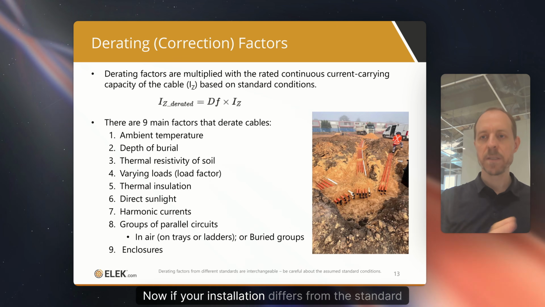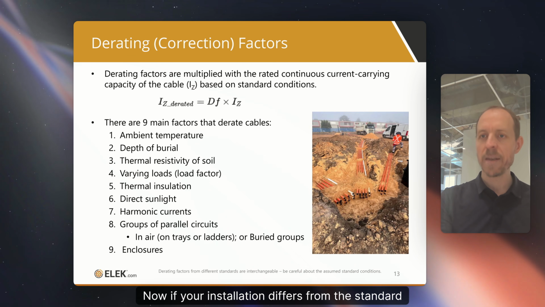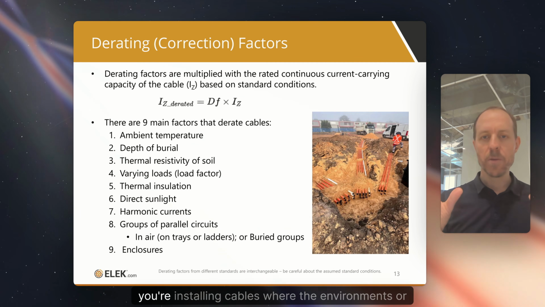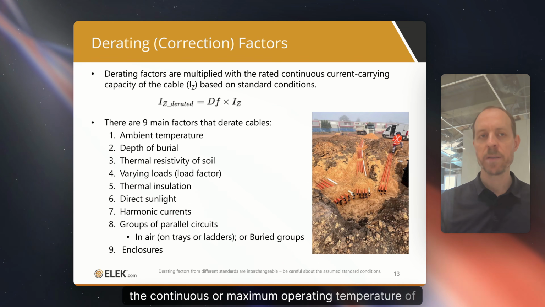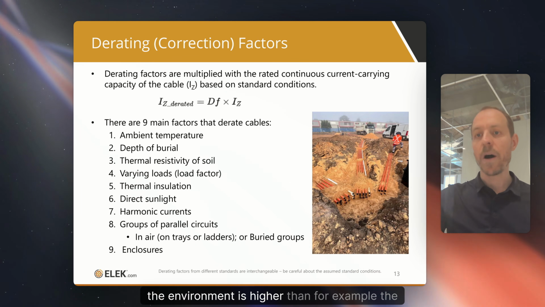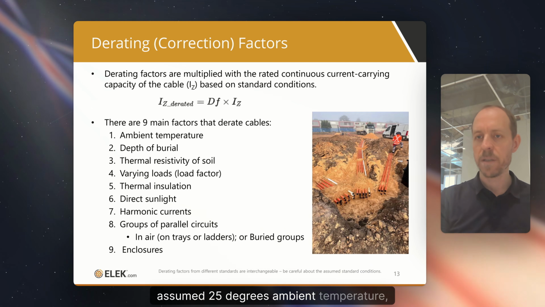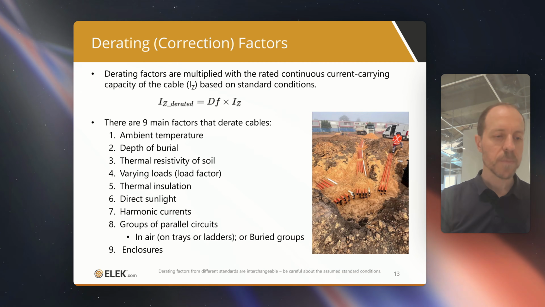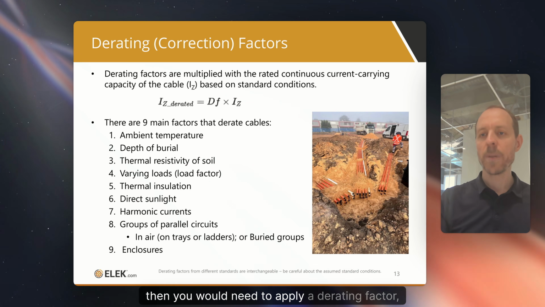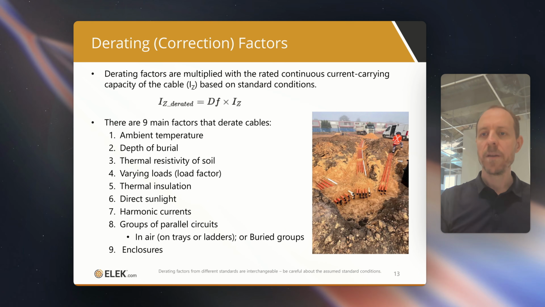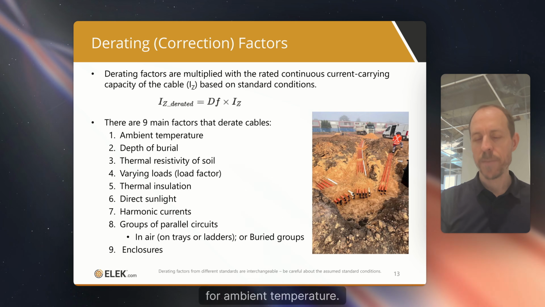Now, if your installation differs from the standard conditions, for example, you're installing cables where the maximum operating temperature of the environment is higher than the assumed 25 degrees ambient temperature, then you would need to apply a derating factor for ambient temperature.